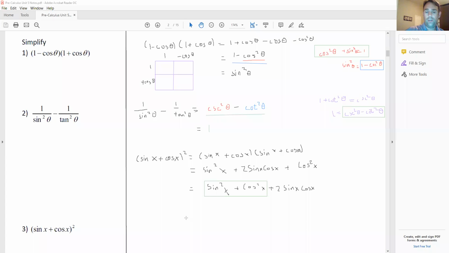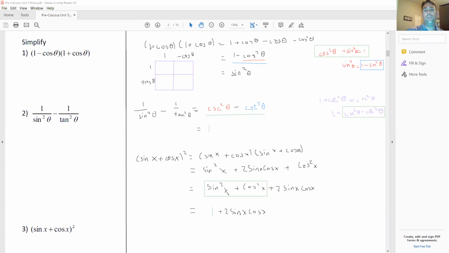So I can clean this up a little bit more by turning that into 1 plus 2 sine x cosine x. Now, 2 sine x cosine x, there is nothing I can do with that, so that is going to have to be left alone, at least for the time being. There's going to come a time when I do a little bit more. So we're just simplifying these expressions as much as possible.